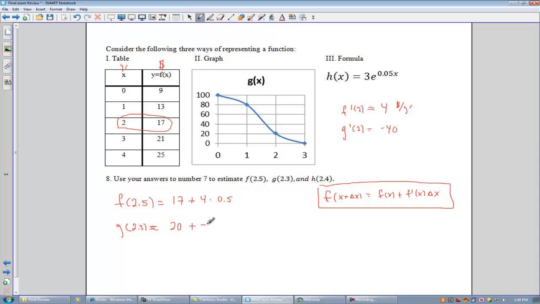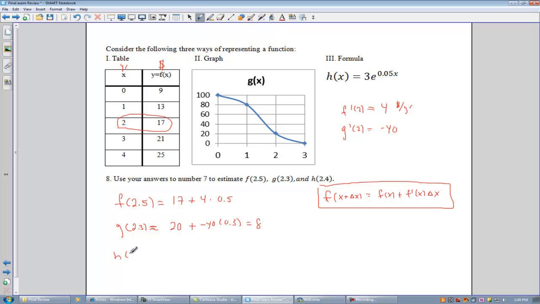So it's negative 40 times the change in x. I'm going from 2 to 2.3, so that's times 0.3. You take out your calculator and crunch this number, and you'll see this is actually equal to 8. So 20 plus negative 40 times 0.3 gives you back 8.